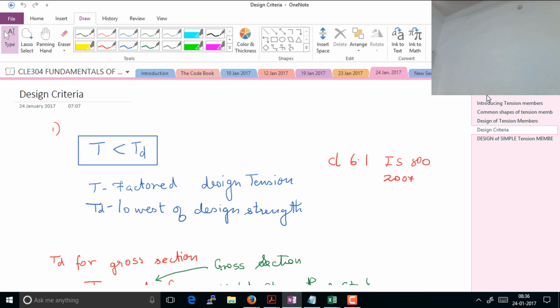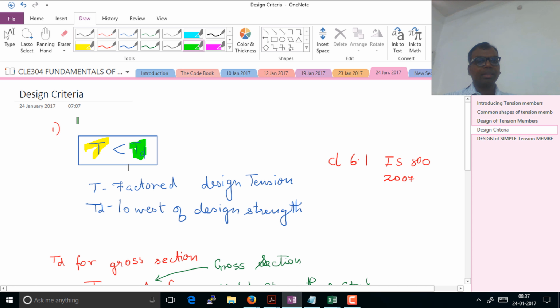This makes a lot of common sense. Whatever is the force that you are going to apply, it should be lesser than the force which the section can take. So this is the equation which we have here.